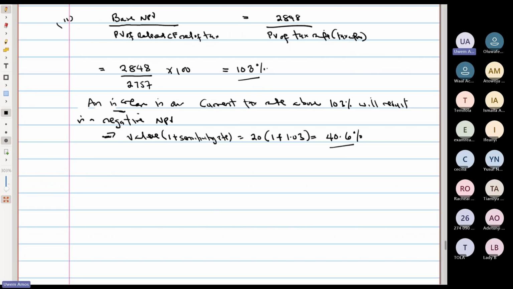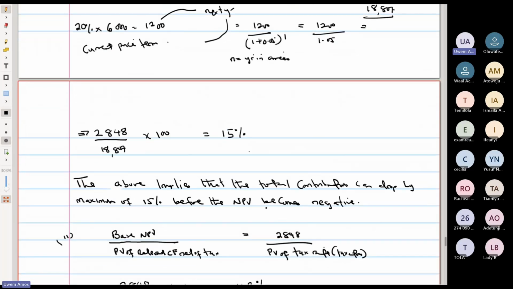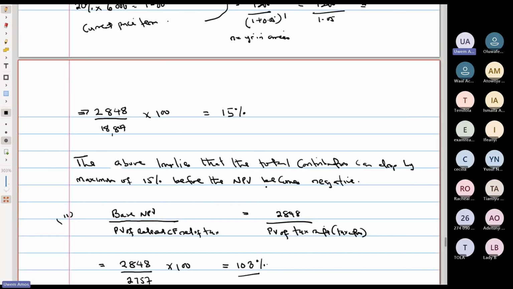For our contribution, which is the revenue item, we say a drop or a decrease. So I'm going to subtract. For a contribution, for revenue, which is an income item, it would be the value times (1 minus the sensitivity rate), because we're looking at a drop, not an increase.